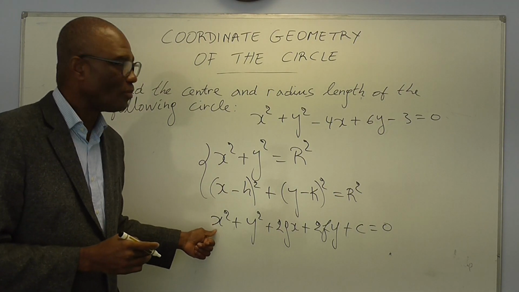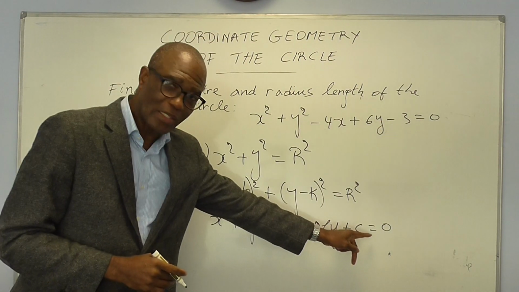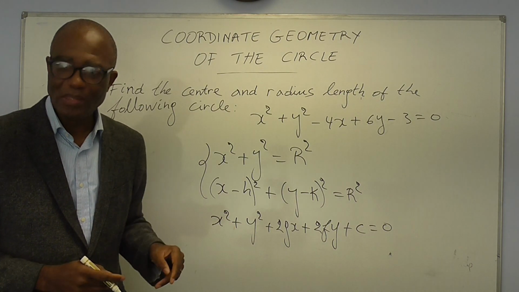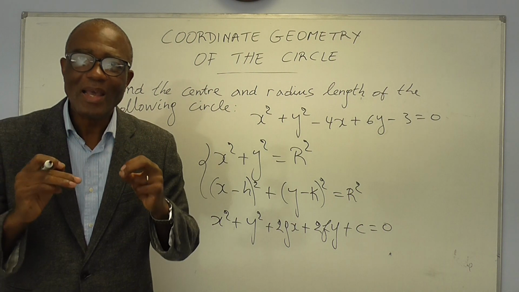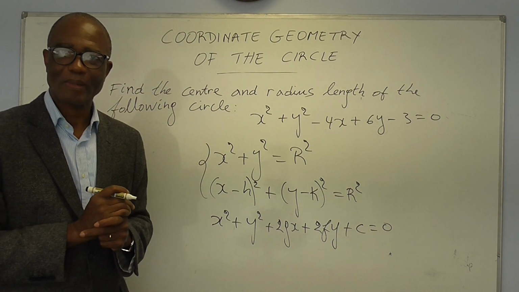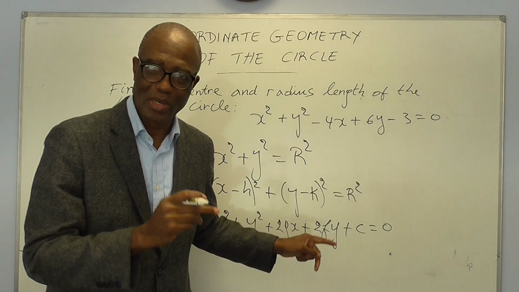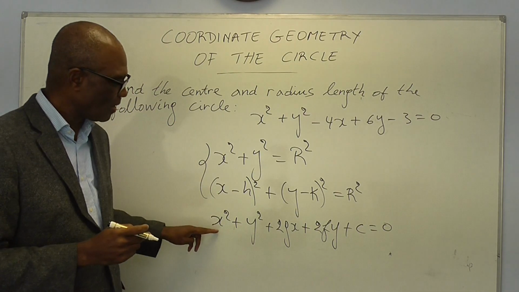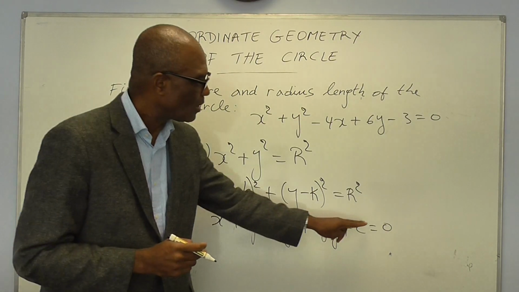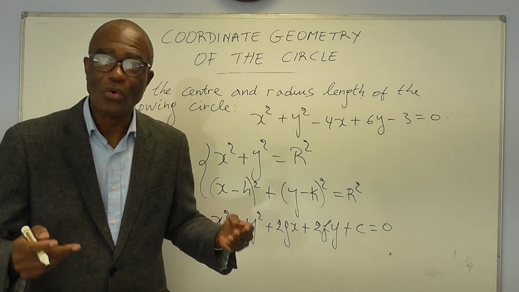But this form, the equation that we have here, is for higher level students. The students doing higher level mathematics for the Leaving Certificate. So this form of the equation of the circle is for them.